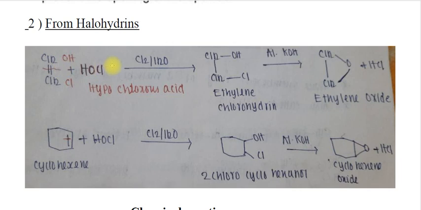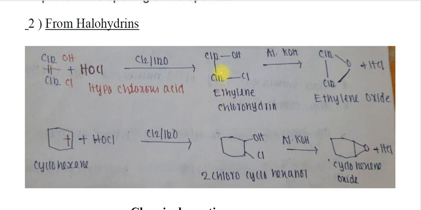What is a halohydrin? CH2=CH2 plus HOCl, that is hypochlorous acid. The double bond will break, and what is the product formed?